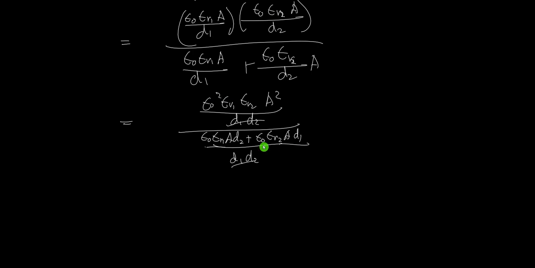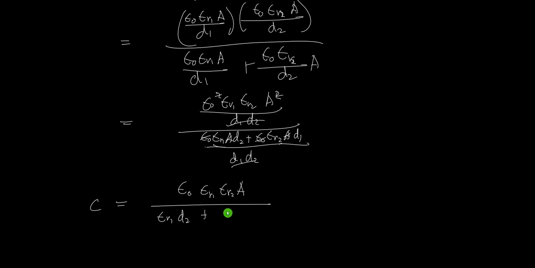So the formula for the equivalent capacitance will be epsilon naught, epsilon R1 times epsilon R2. We can also cancel the common area A. All over, here we only have epsilon R1 times D2.